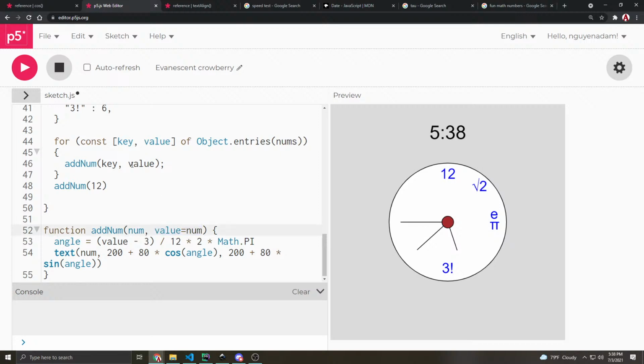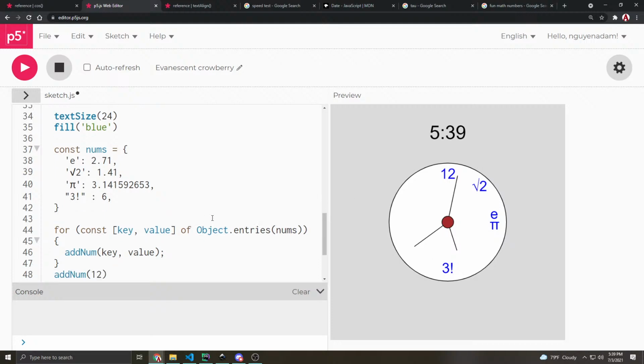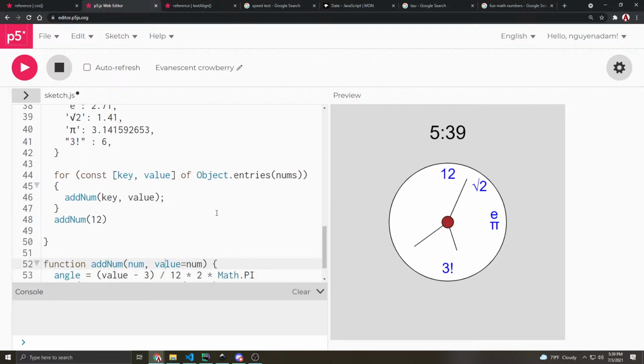Normally you pass in 2 parameters, but if you don't pass in the value, it'll just assume the value is equal to the num thing. I see, so it's like an optional parameter that allows you to change the value if the thing you want to display does not correspond with that.